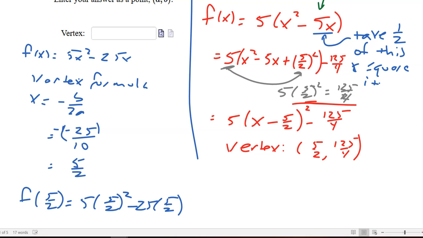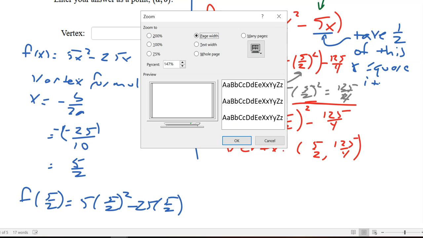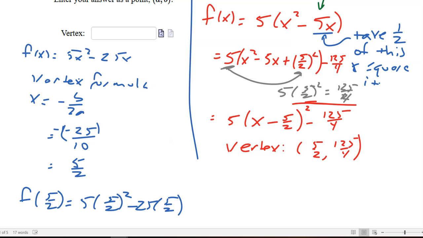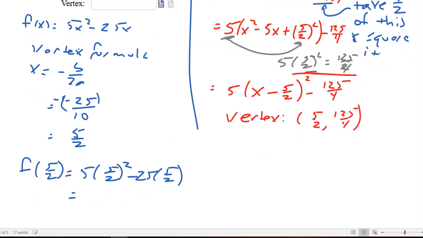And let's see. Oh, I messed up a sign too, by the way. Negative 125 over 4.